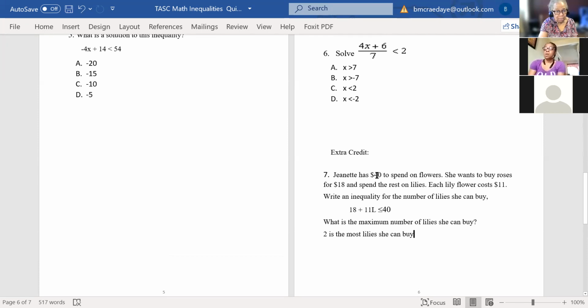You could take the 40 minus 18 is 22, divide by 11, you get 2. The most lilies you can buy is 2. If you solve this, 40 minus 18 is 22, and then this is multiplication, so divide by 11 and you get 2.